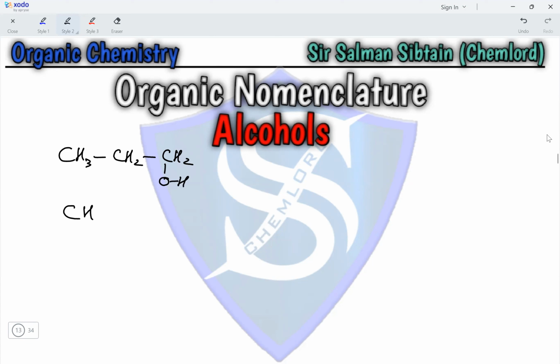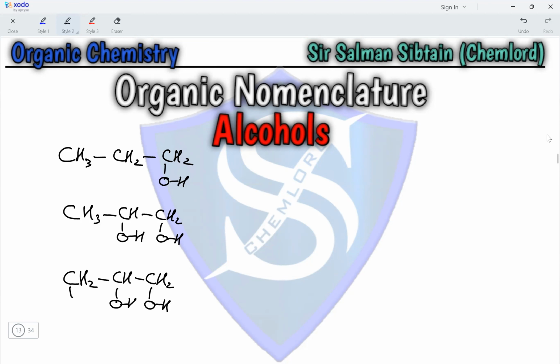The other one would be one in which we've got two OH groups placed in a compound having three carbon atoms. And the third one would be a compound in which we would have three OH groups placed in a compound having three carbon atoms. So we've got multiple OH groups present in the same length of carbon chains.